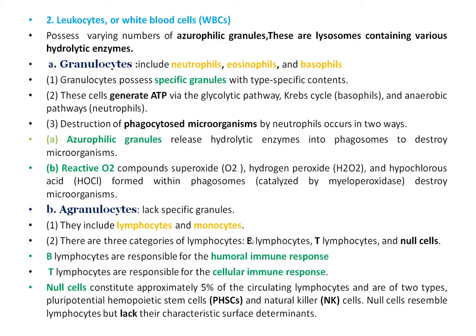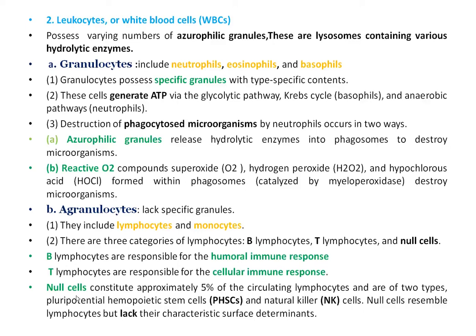B lymphocytes are responsible for the humoral immune response, meaning they secrete antibodies against foreign antigens that enter the body, while the T lymphocyte is responsible for the cellular immune response, such as phagocytosis.